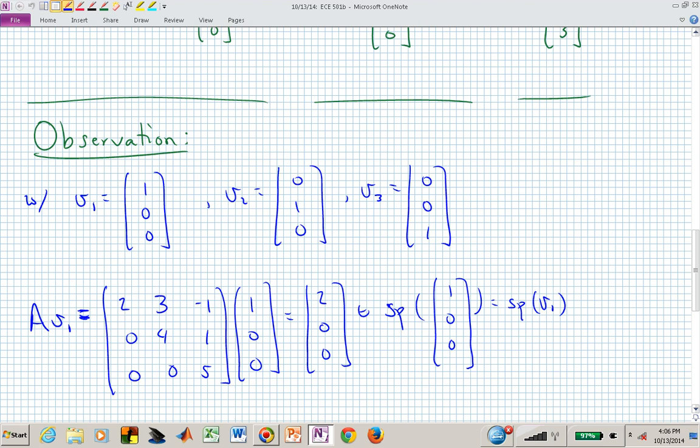But that's just in the span of 1, 0, 0, which is the vector where we started this process. And that's then in the span of V sub 1. Meaning if we start, let's say, in the x direction with this upper triangular matrix, we are going to stay on that line or on the x-axis. That's what we're saying with that first observation.